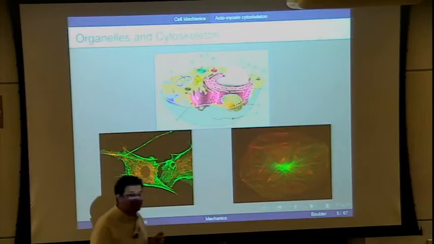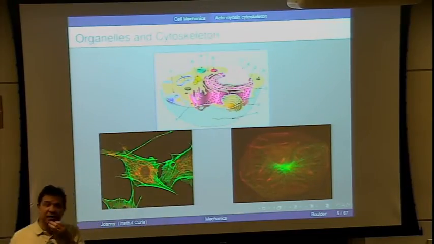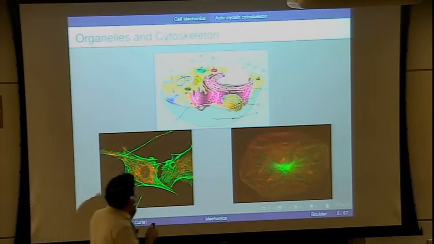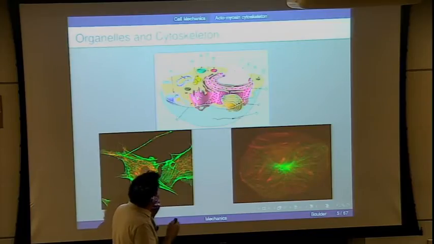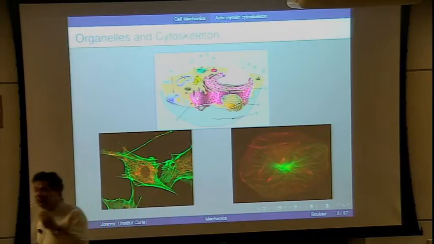Now this is kind of the sketch of a cell. If you look at it, it's full of compartments here. These compartments are called organelles. And what I will focus on is not these organelles. The most famous one is the nucleus, which is here.